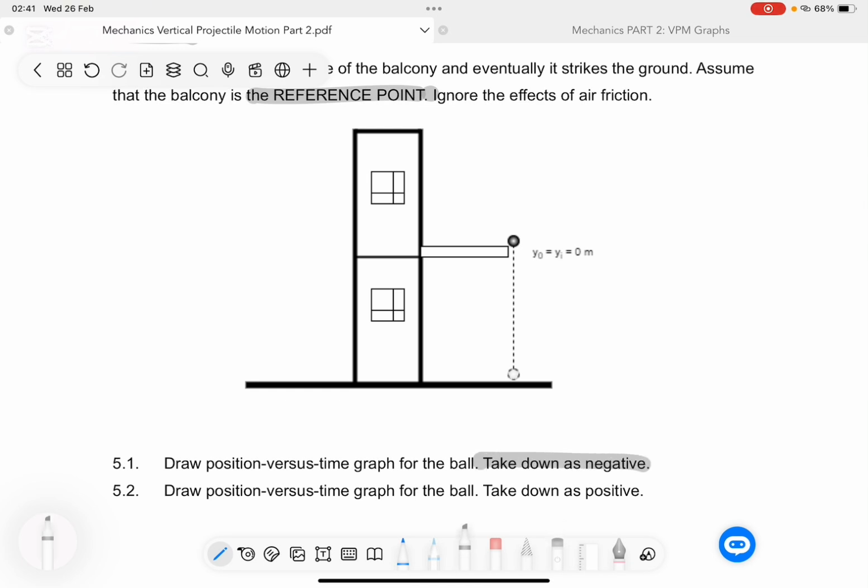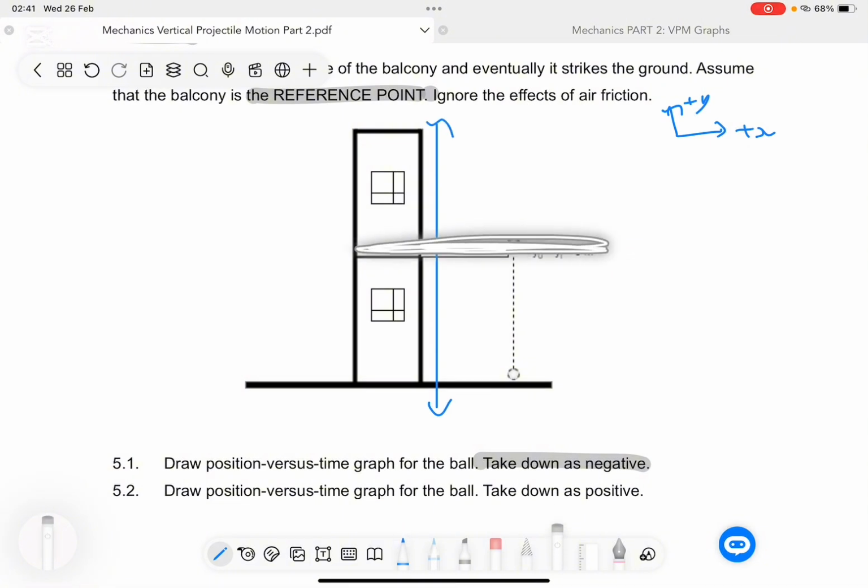Take down as negative. Again, that would mean my direction is set such that the vectors that go up are positive and the vectors that go down are negative. Now, if I extract my reference frame so that I draw the y-axis, you would see that my 0 would be at this point, meaning this is where I start to measure.